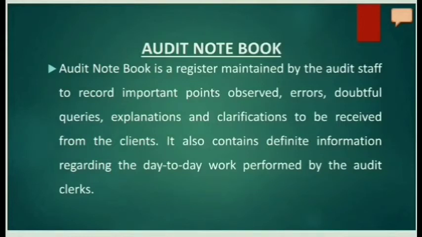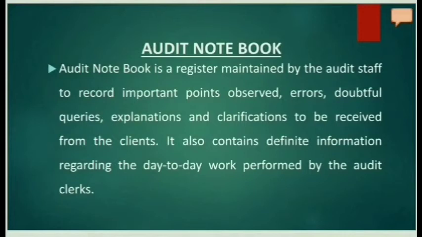If I say what is in that register, I hope it will be very easy for you to understand. Especially, there are two important kinds of information. One is general information, second is specific information.